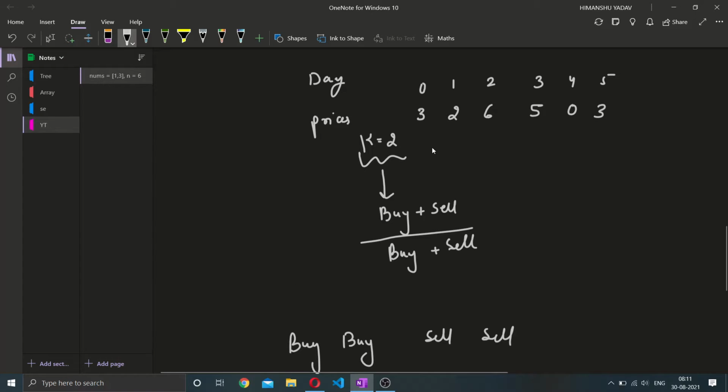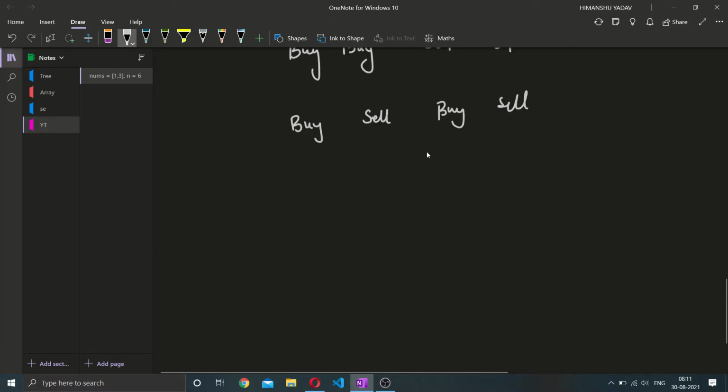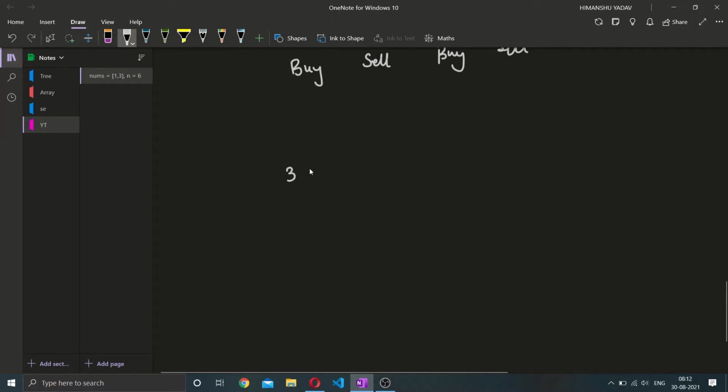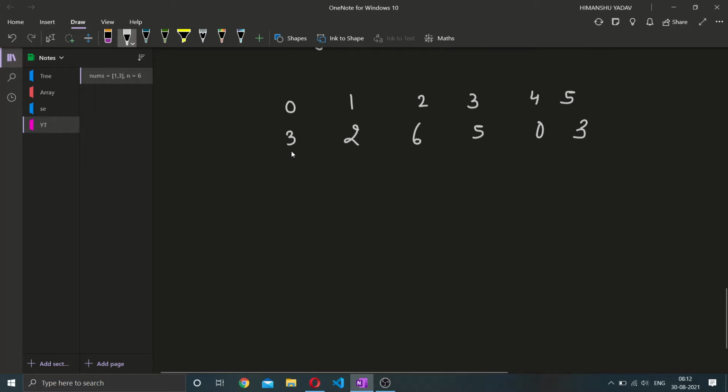So this is the given array, 3 2 6 5 0 3. At every day we have the option to buy the stock. If I am at day 0, I can buy the stock or not buy the stock. At 2 I can buy the stock or not.